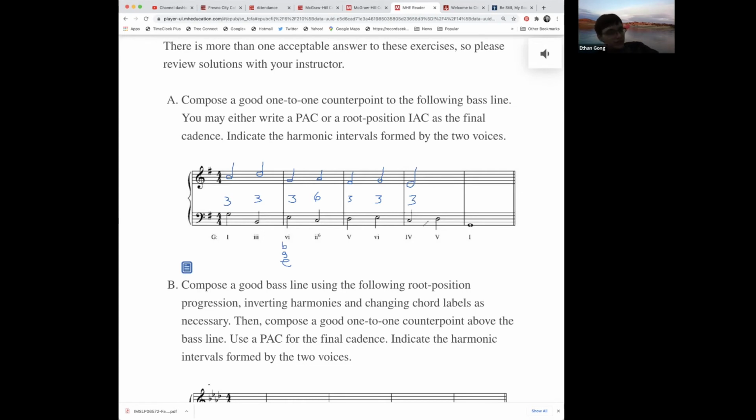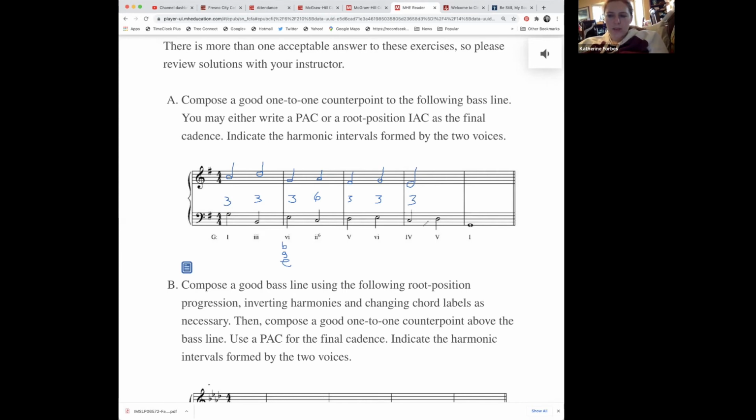Do we have a problem because it's parallel motion? Is it supposed to be stepwise? I don't know. Is it a fifth apart? The book did not do this. It's not a fifth apart, so I don't think so. Or an octave.